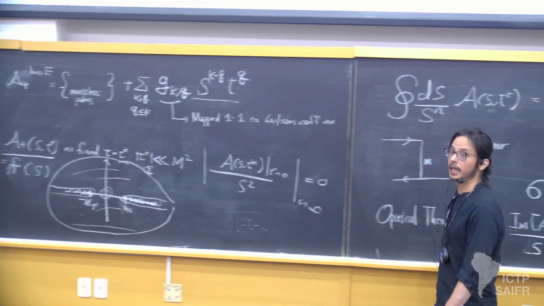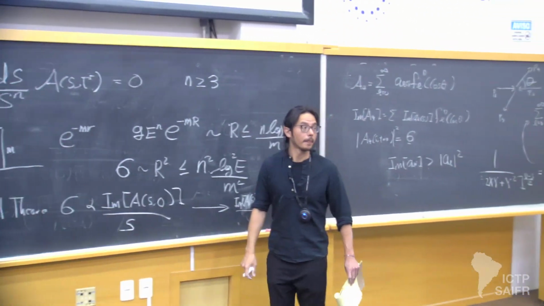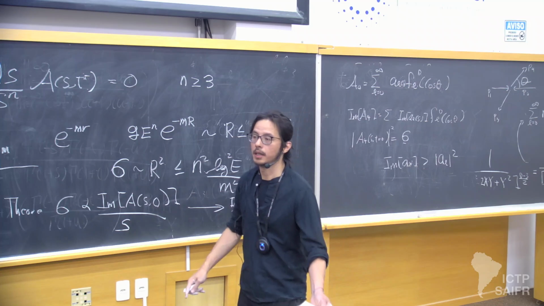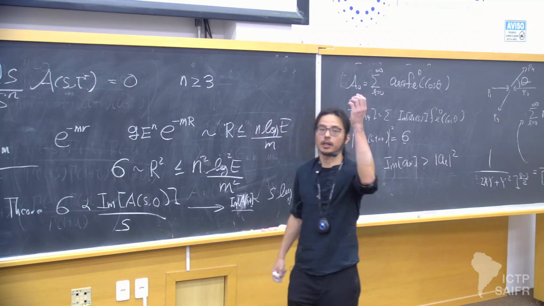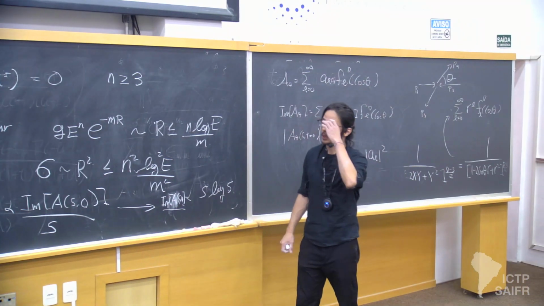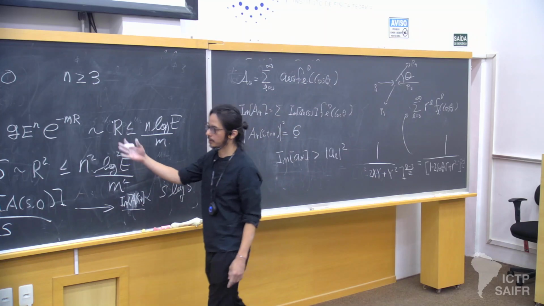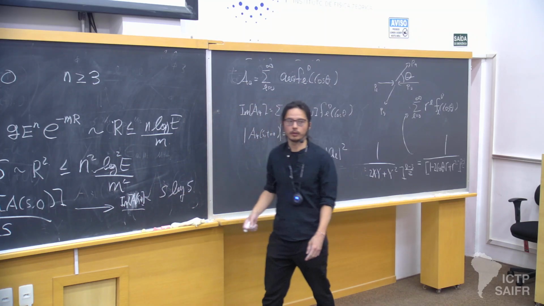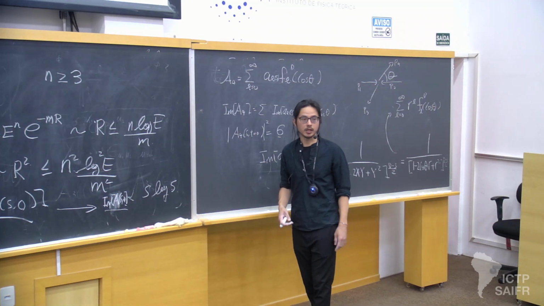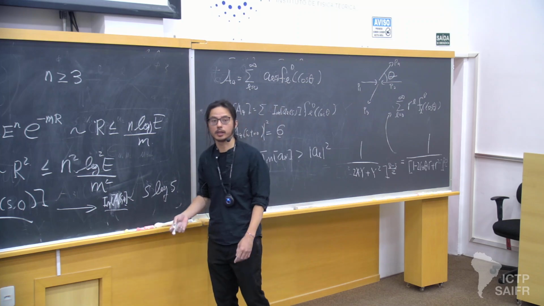So it's bounded by s squared. This is the famous Froissart bound, though of course it uses more partial wave expansion analysis than what I've just talked about here. But this is basically the spirit.